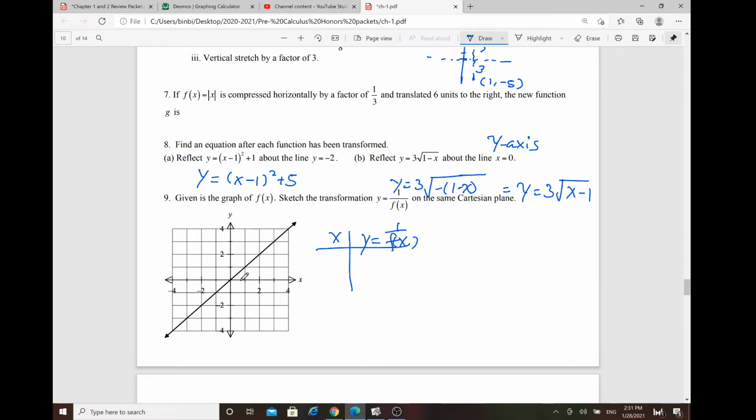Let's say that you started with 0. So f of 0 here is 0, but there's no such thing as 1 over 0. Then that would be undefined. Undefined at 0, that means over here it's a VA.